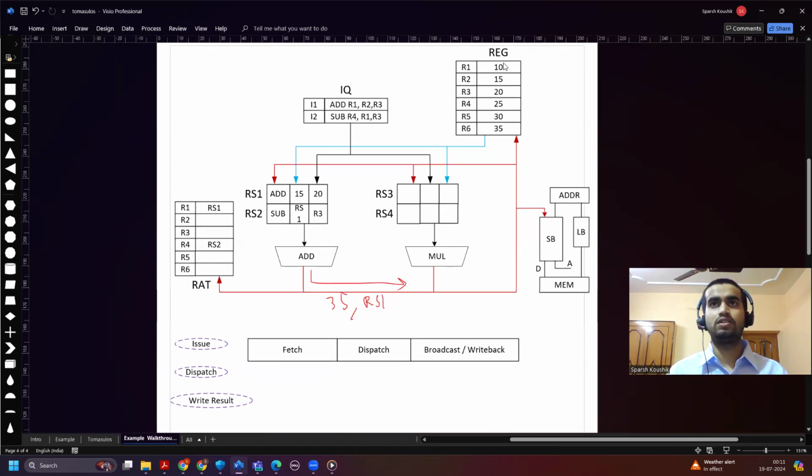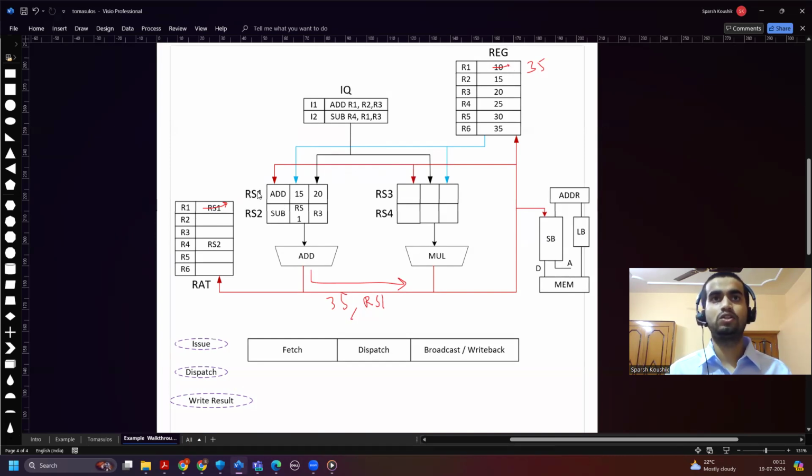This broadcast data is taken by the register to update the value of R1, and this data is also taken by the RAT to update the entry for R1. Because the latest data for R1 is now present in the register, we can clear the RAT entry to show that the correct data is available in the register.